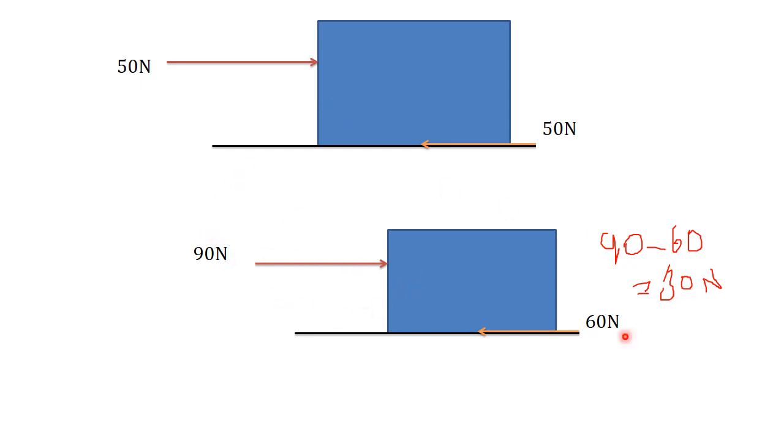But in this second picture, we are exerting 90 Newton force towards the east and the opposing force towards the west in the opposite direction is 60 Newton. So what is the unbalanced force acting here?